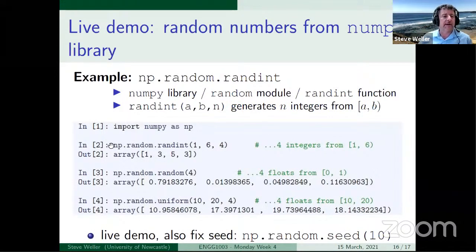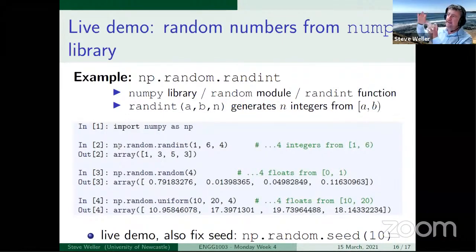And let's look at the line indicated by In [2], np.random.randint(1, 6, 4). Let's unpack what that means. np.random.randint means it's the randint function inside the random module inside the NumPy library.